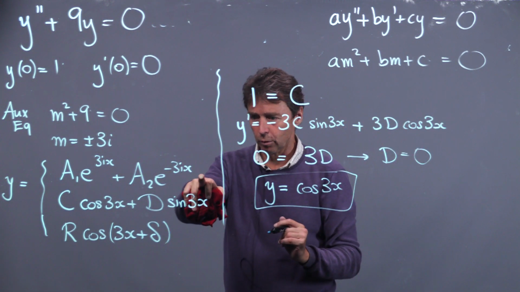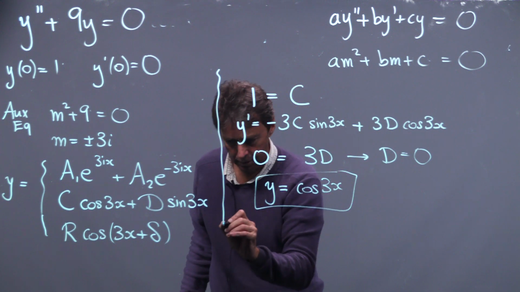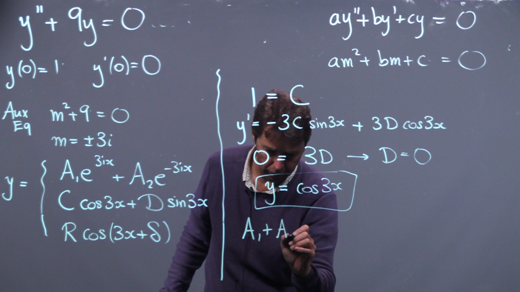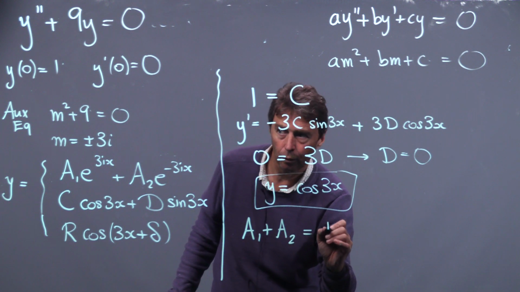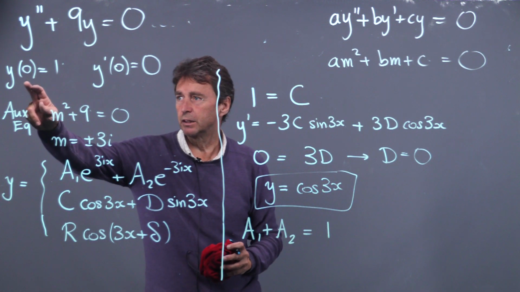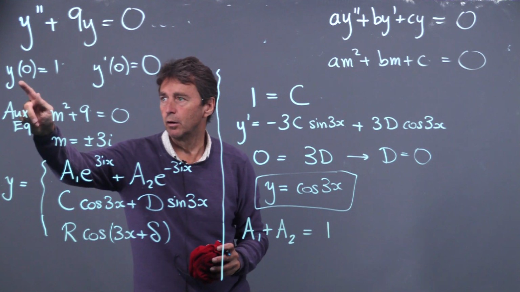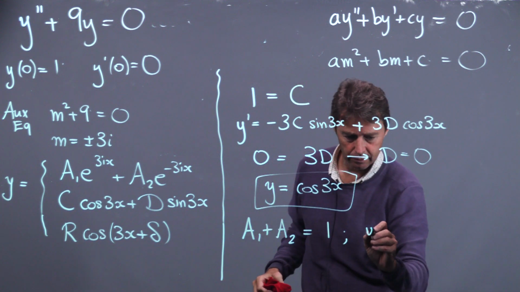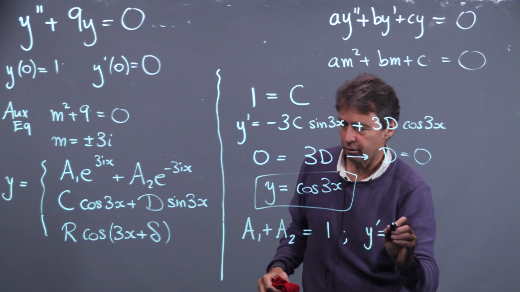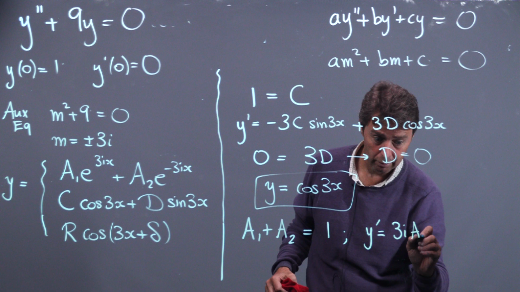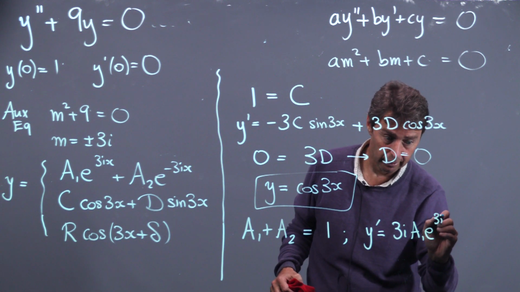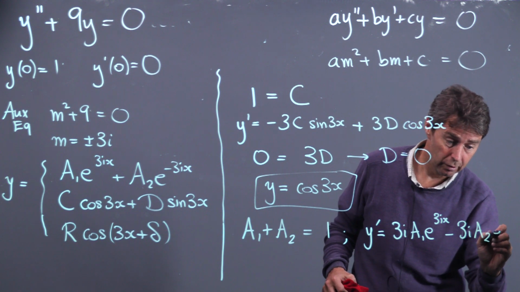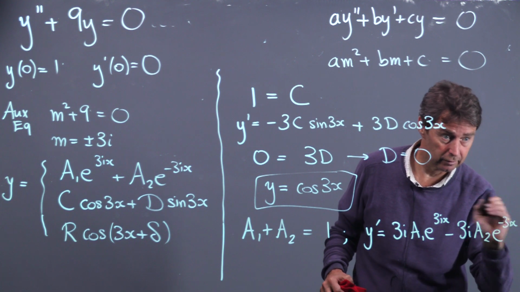Let's just have a quick look at what would have happened had I used the exponential form. So using this form, I get a1 plus a2 is equal to 1. That's saying that when x is equal to 0, y is equal to 1. Now I need the derivative. So y prime is 3i a1 times e to the 3ix minus 3i a2 e to the minus 3ix.